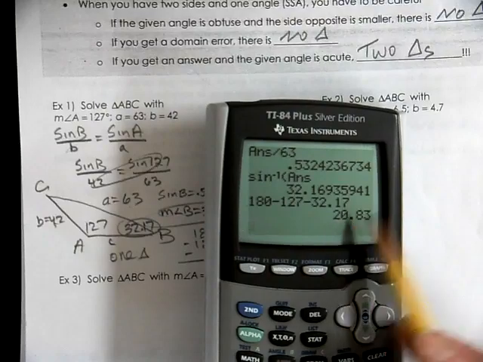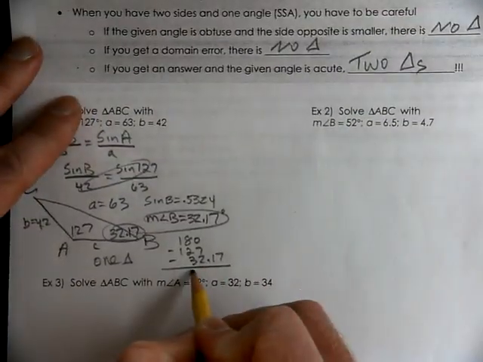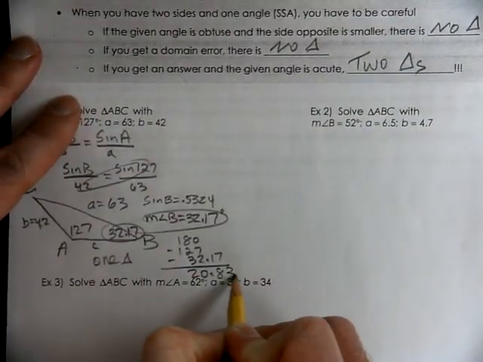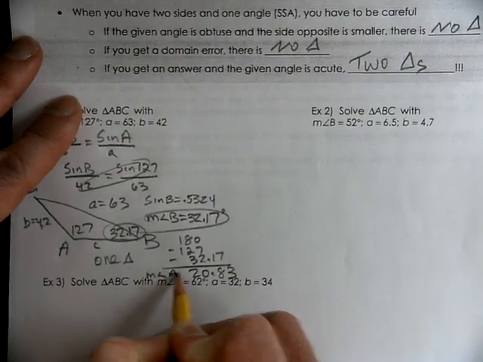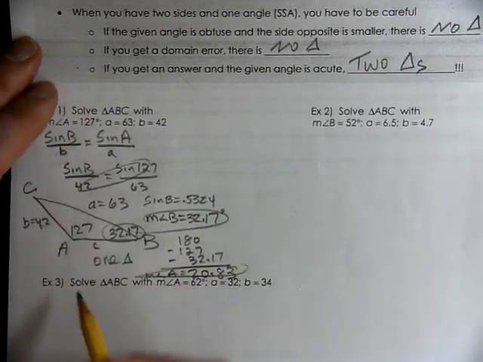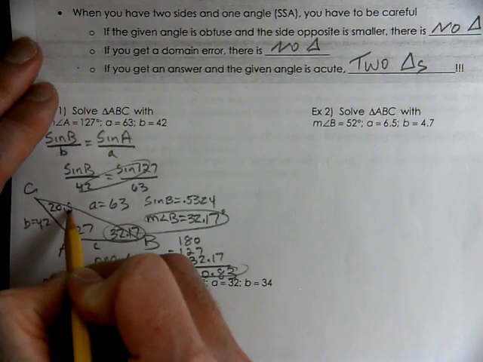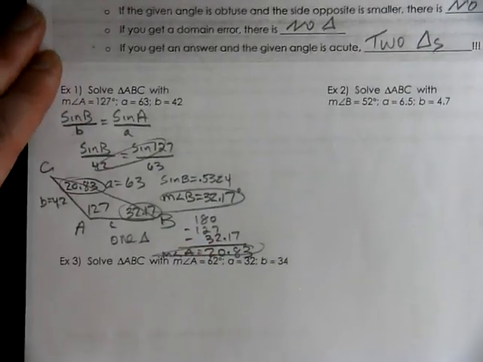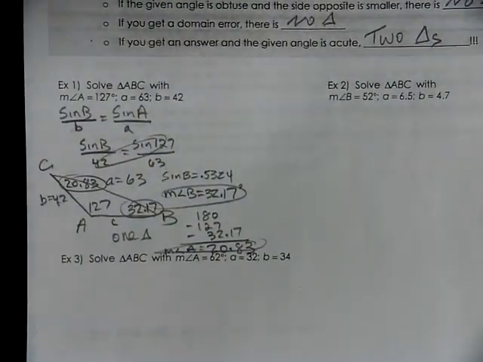And we get 20.83. That's the measurement of angle A. 20.83. What do we need to do from here?